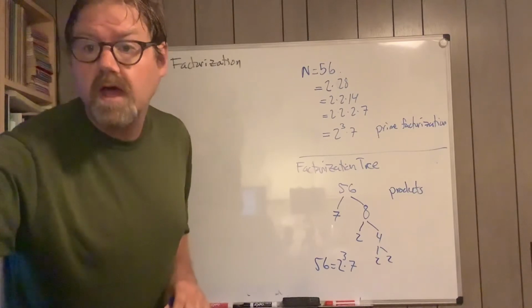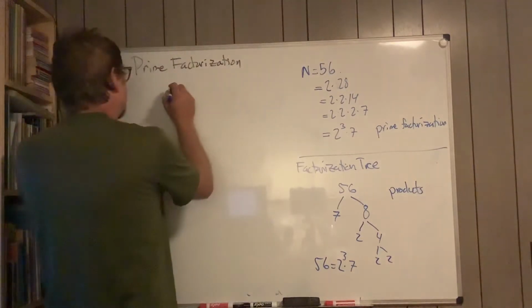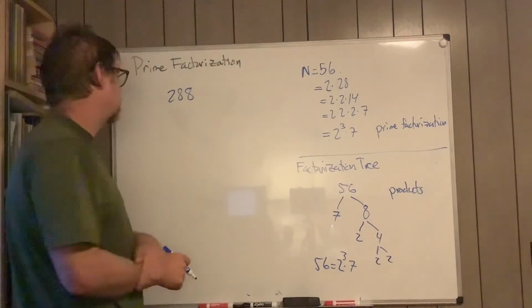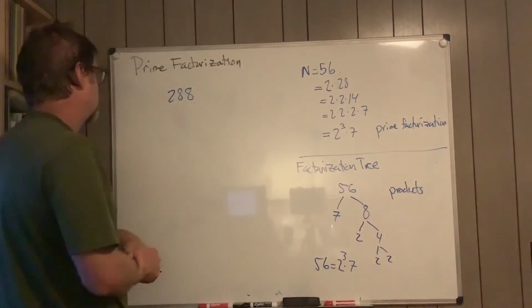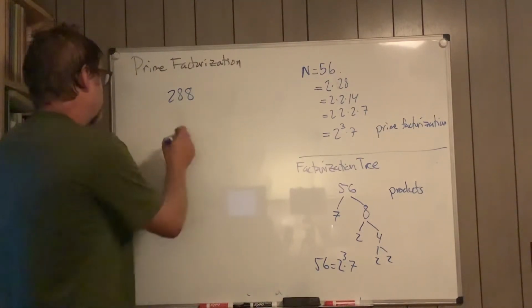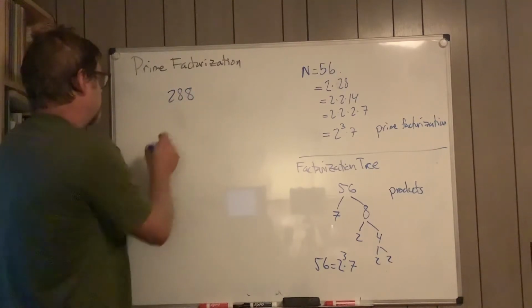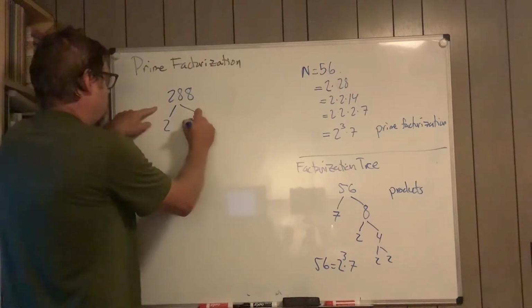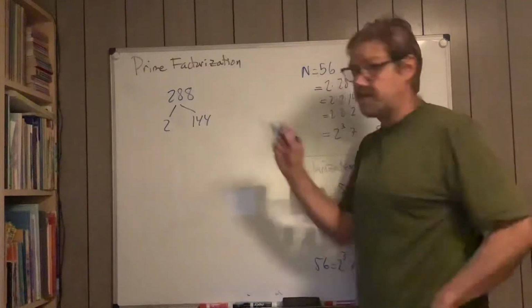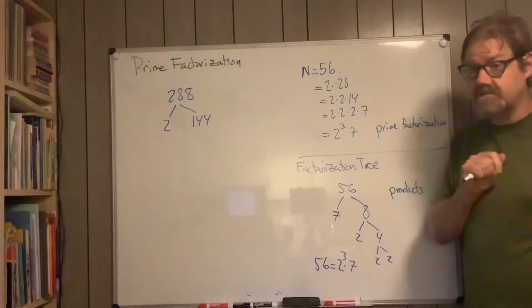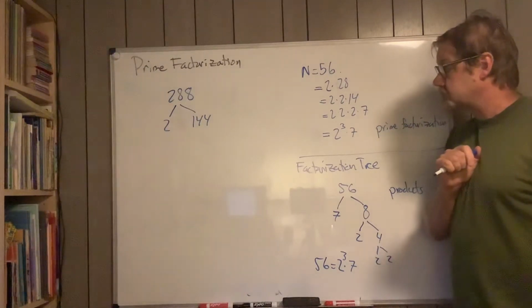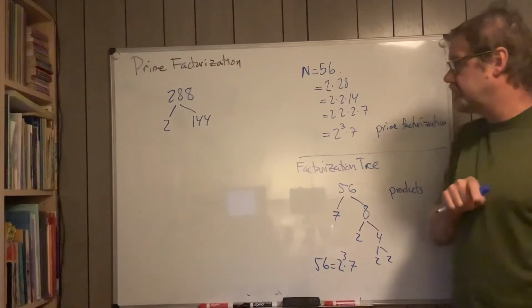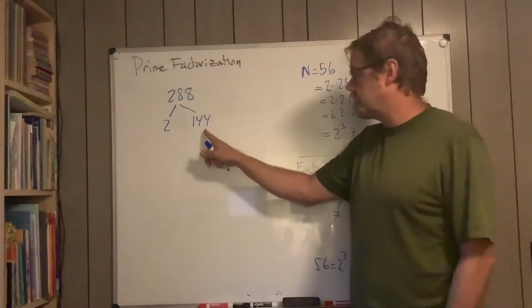Okay, let's look at something else. I'm going to say 288. And we're going to write the prime factorization of it. Usually you want to pull out something fairly big. It's maybe not clear, but the 2 definitely goes into that in 144, hopefully. And again, you're starting to see a bunch of mental math here. Now, the reason I did that first is I saw that 144 was that.